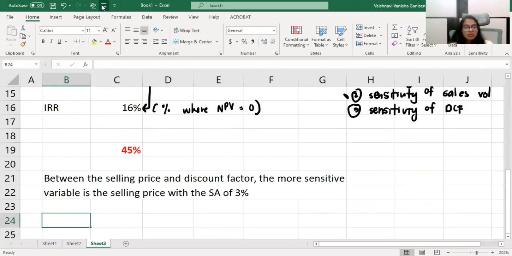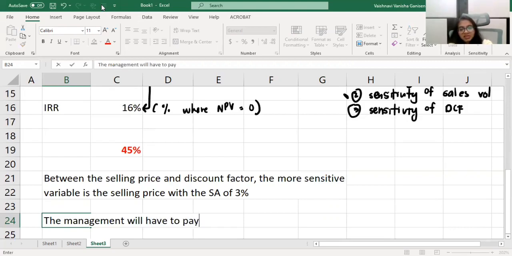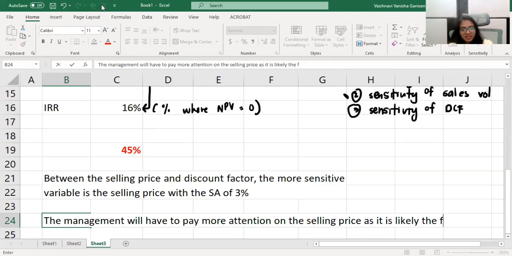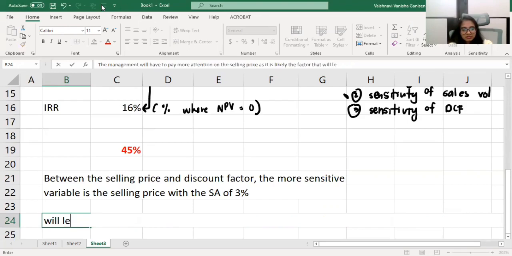Okay, so what it means is that the management will have to pay more attention on the selling price, as it is likely the factor that will lead to NPV becoming zero.